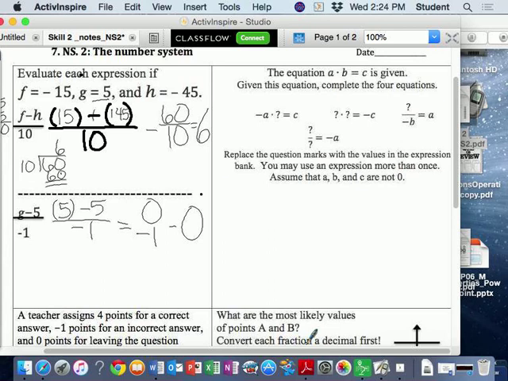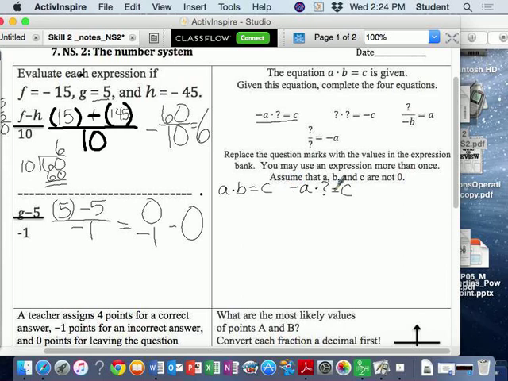So, we have A times B equals C. And the first one they give us is negative A times question mark equals C. So, we have to look at this as negative A times some form of B will equal a positive C. So, you remember from your rules of integers, when you multiply a negative times a positive, you will get a negative.